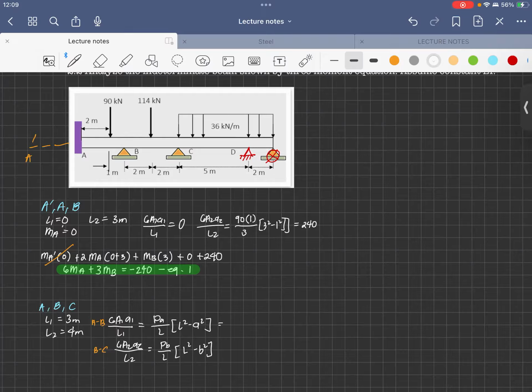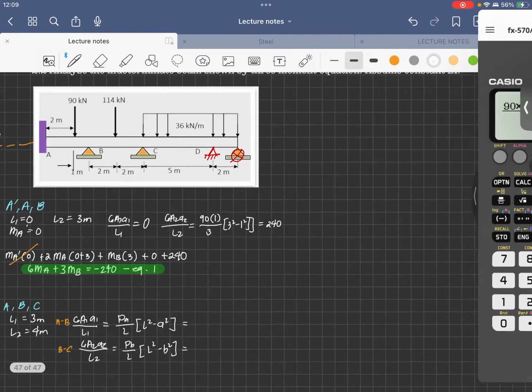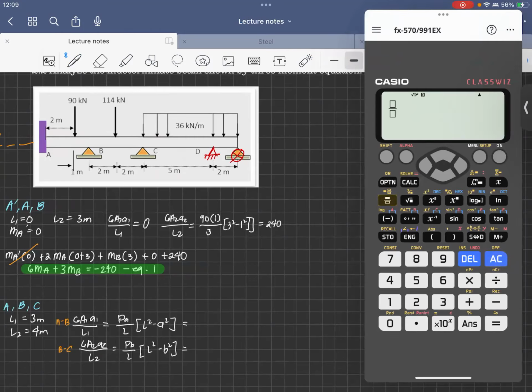So let's directly substitute. So PA is 90, its A is 2 over 3 times 3 squared minus 2 squared.